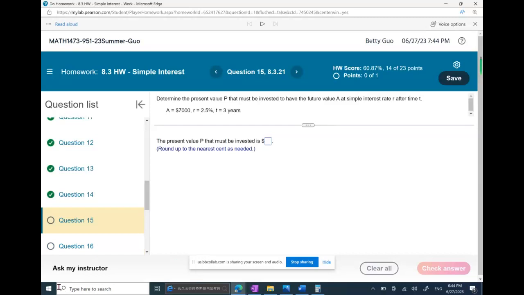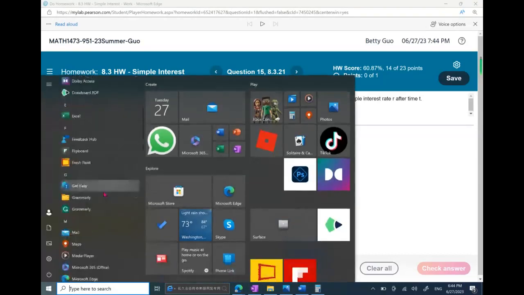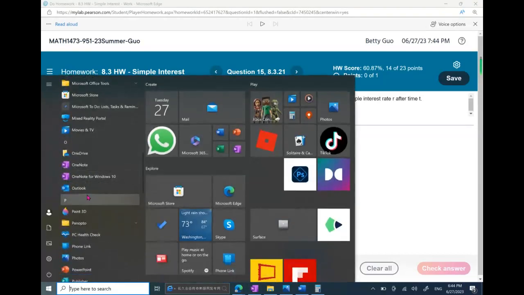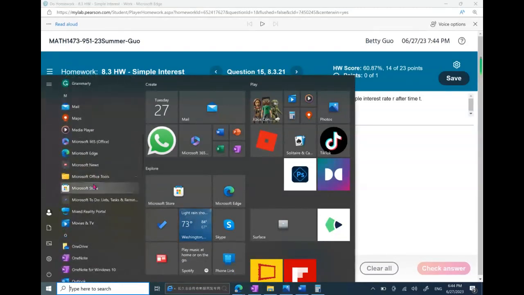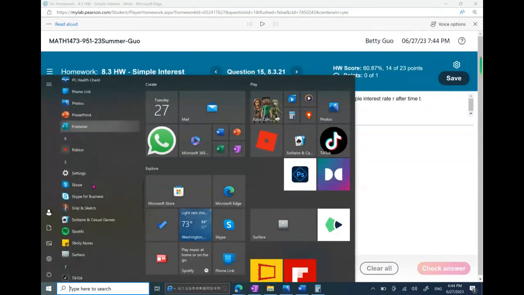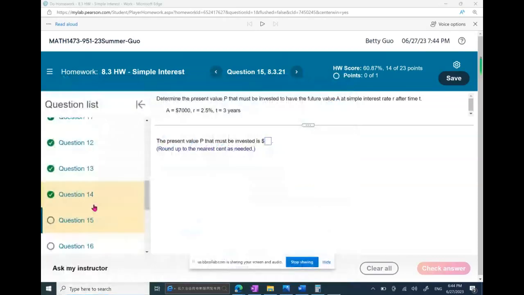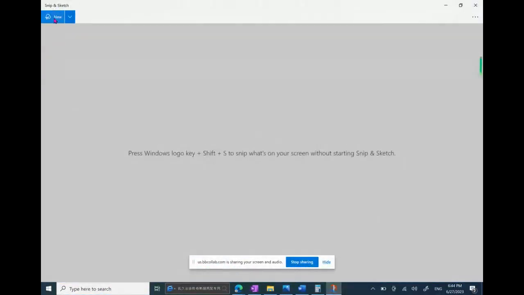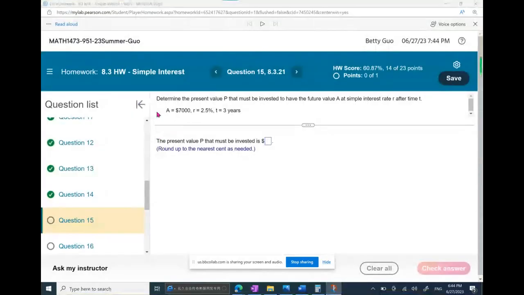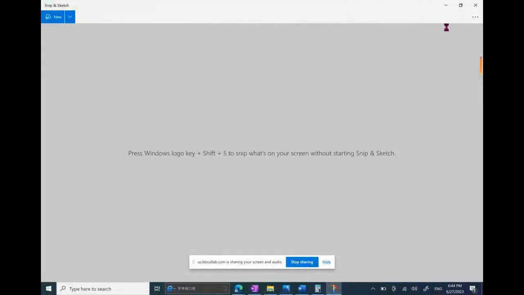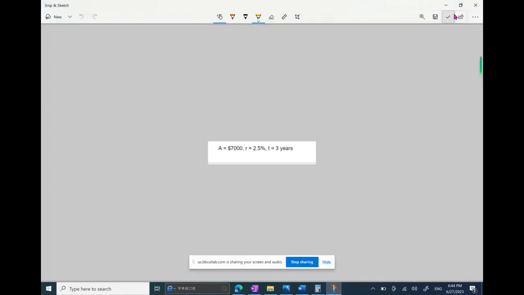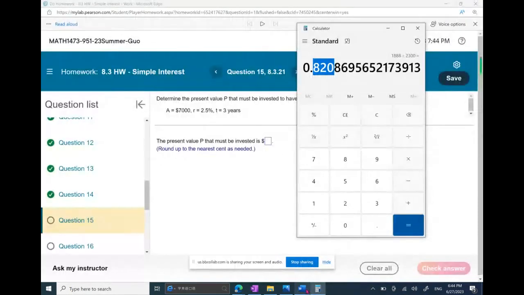I'm going to copy paste and then we work on the OneNote. We are looking for P, right? The missing value is the value of the principal.